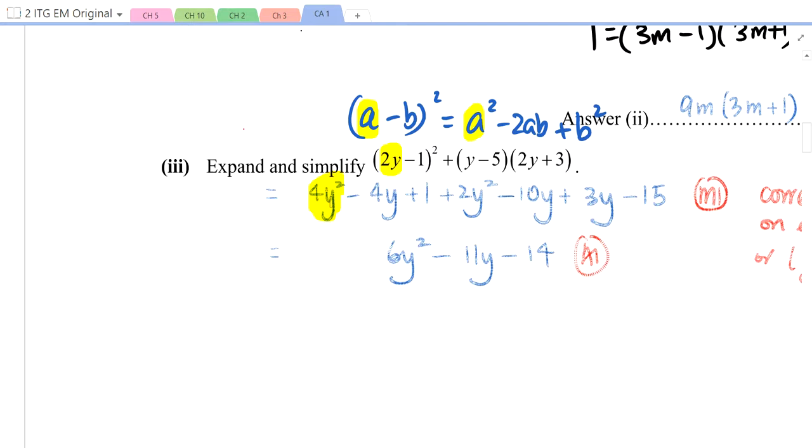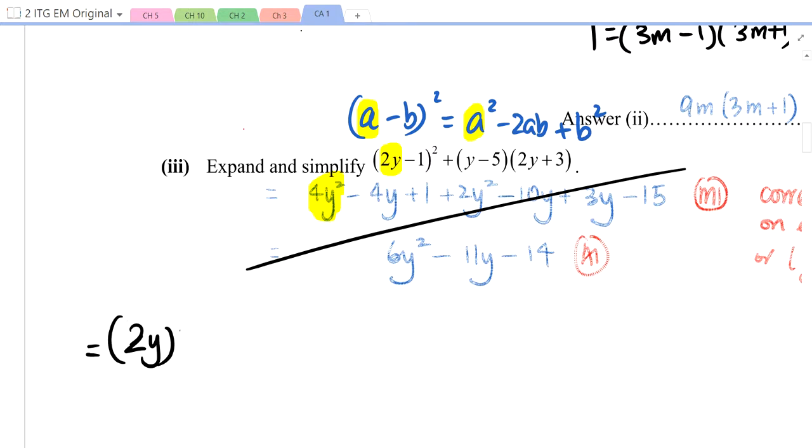Okay, all these are related. So without skipping steps, the working would be 2y all squared minus 2 times a, which is 2y again, multiplied by 1 plus 1 squared.